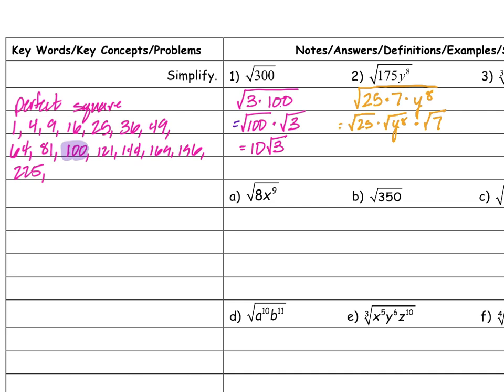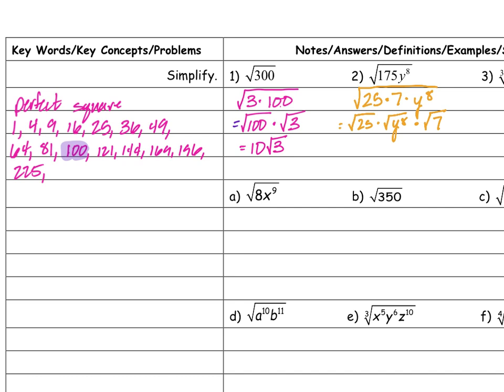And I rearranged it because I know how many y's are inside my square root. I have 8 in there. And I'm trying to make groups of how many? 2, because it's a square root. So how many groups of 2 do I have? 4, right? Because I have 8, so I have 4 groups of 2.